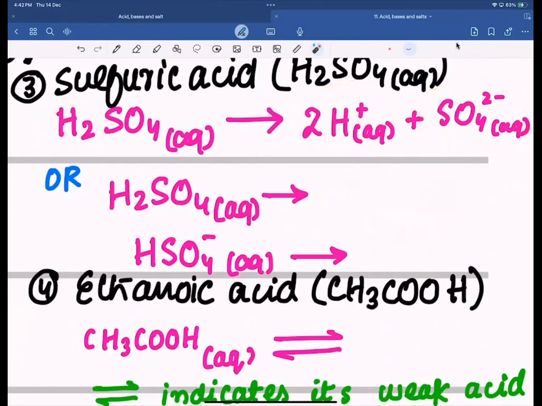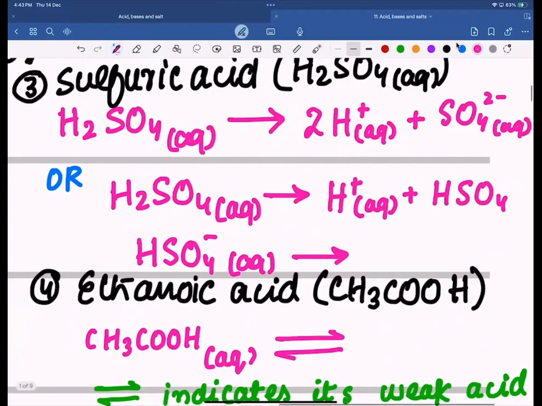Okay, now have a look. How many hydrogens does sulfuric acid have? Two. So is there a possibility, or actually this happens, that every time first only one hydrogen is released by the molecule, not the two hydrogens together. So in actual, it first releases one hydrogen, and if one hydrogen is released, what is left behind? HSO4.